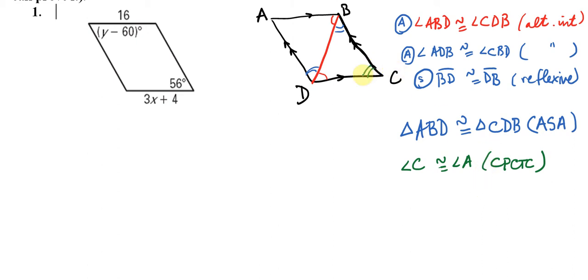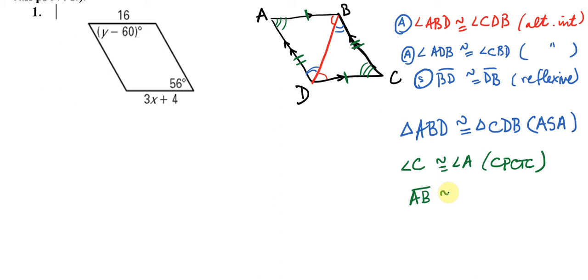So this angle down here and this angle up here are congruent, and because that's true, we can also say the opposite sides. So CD and AB are congruent, and BC and AD are congruent as well. So altogether, let me write this down.